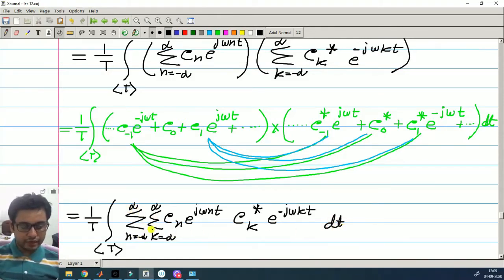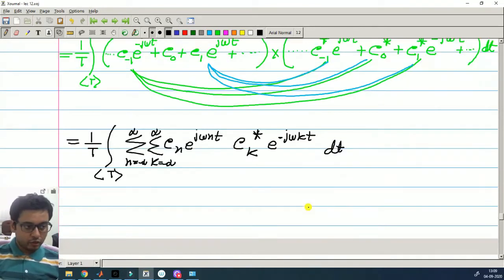So we will have so many terms, but only those terms where n and k are equal will survive after integration, others will be 0. So let me write only those terms where n and k are equal.